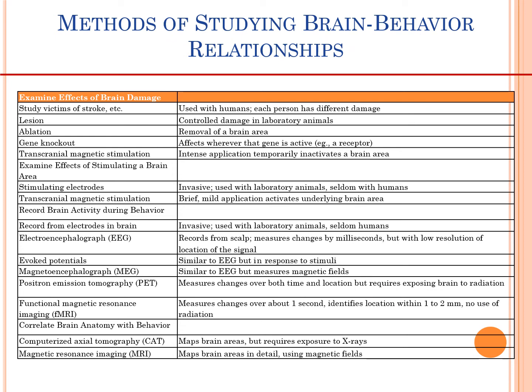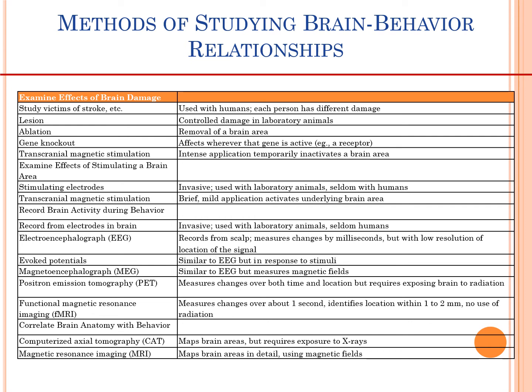This is a nice summary slide, and you can pause this or go back to your PowerPoints and say, I like this table. A lot of people like tables to learn from, and this comes from Laura Freeberg's Discovering Behavioral Neuroscience that I have taught from one semester.